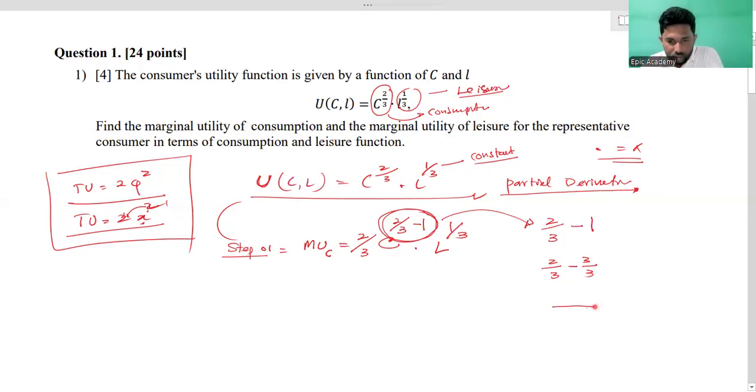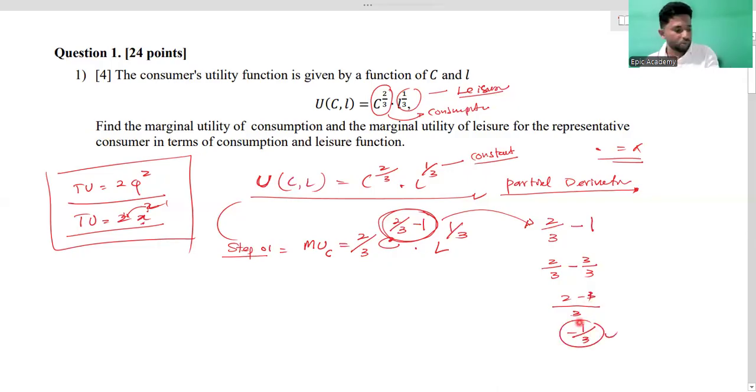In your childhood, you calculated that, isn't it? So 2 minus 3 becomes minus 1. Yeah. Minus 1 divided by 3.